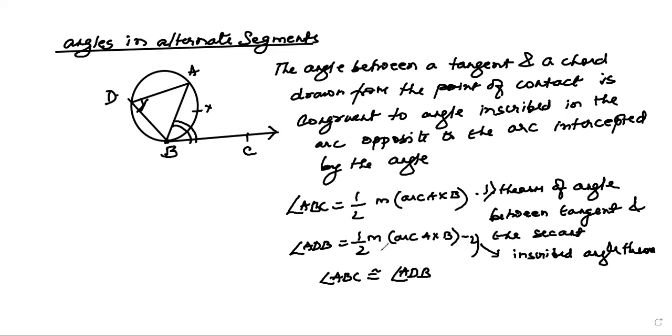Angle ABC is the angle between a tangent and a chord, intercepting arc AXB. Angle ADB is an inscribed angle in an arc opposite to the arc intercepted by angle ABC. So angle ABC is congruent to angle ADB. We call it angles in alternate segment.